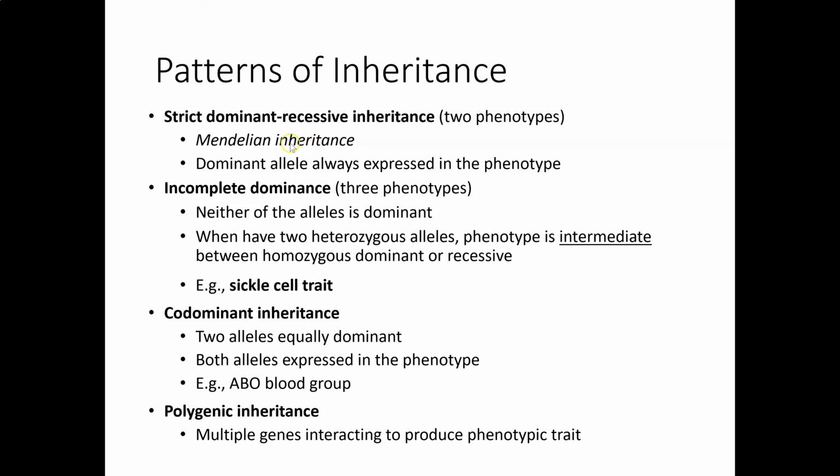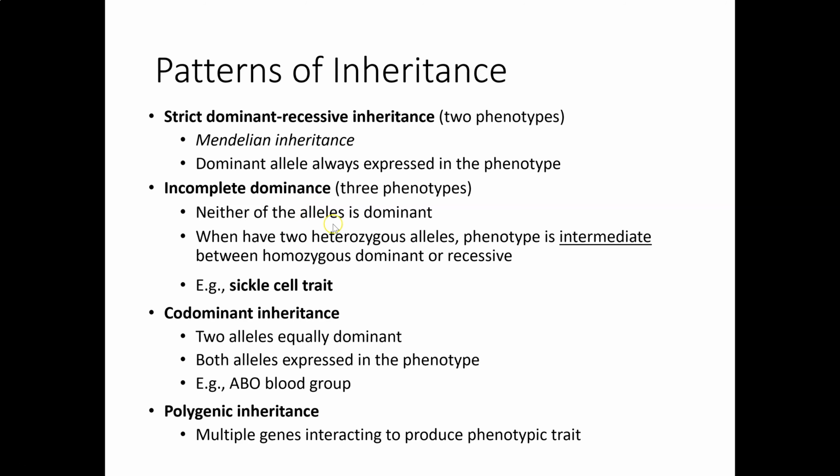Throughout high school biology, you are familiar with that. The dominant allele is always expressed in the phenotype, and whether you have 1 copy or 2 copies of the dominant allele, the expression and the phenotype are the same. When you have incomplete dominance, you are going to have an intermediate phenotype.